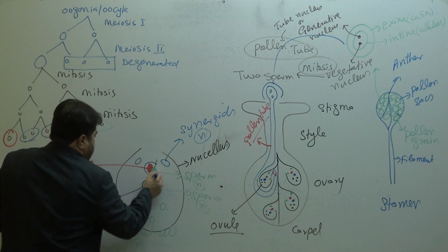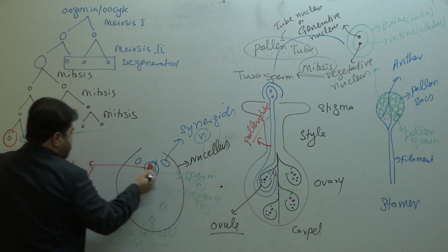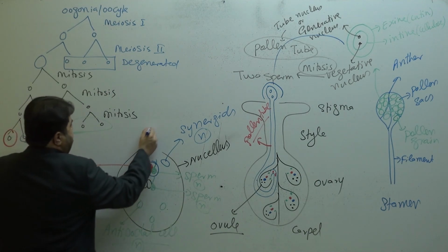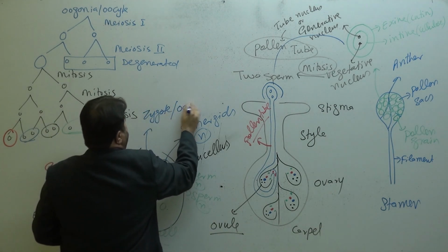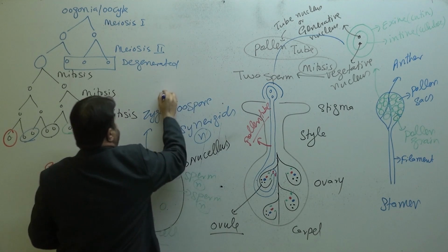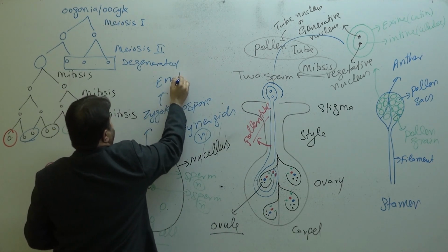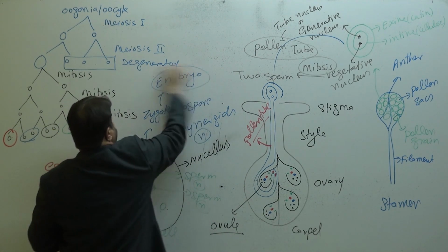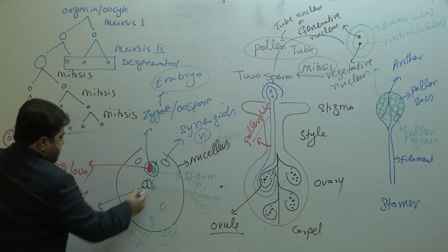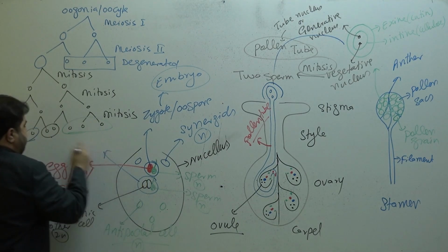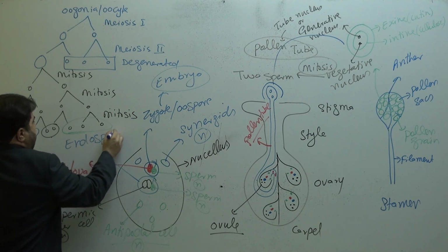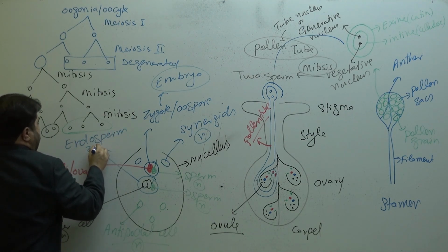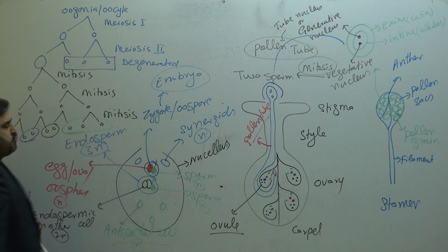Now, when the sperm fuses with the egg or ovum, they form the zygote, which is also called the oospore. From the zygote, the embryo is formed. This other structure changes into endosperm, and endosperm is considered to be triploid, and it is the stored food for the embryo.